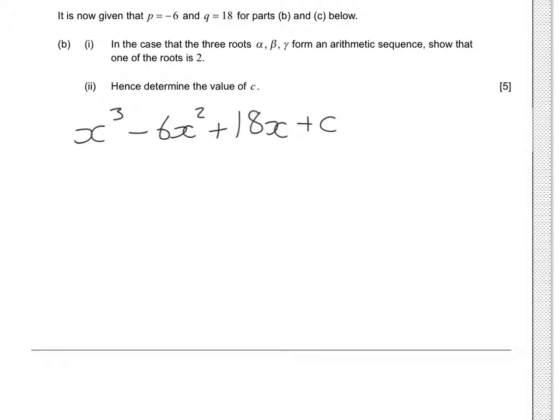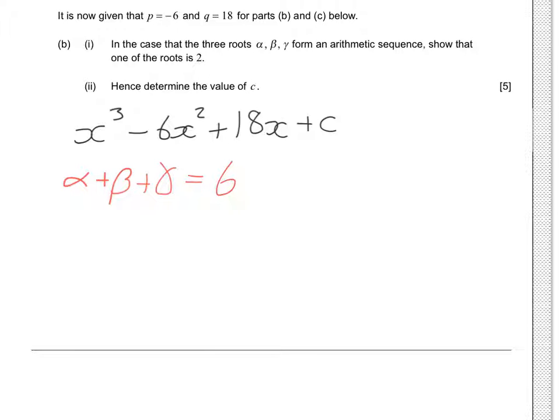Okay, for part B, we're given values for p and q, and we're told that the roots form an arithmetic sequence. Show that one of the roots is 2. So we've got our results from before, and these are just Vieta's formulas: alpha plus beta plus gamma must be equal to minus minus 6, so 6.